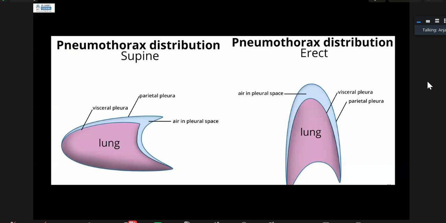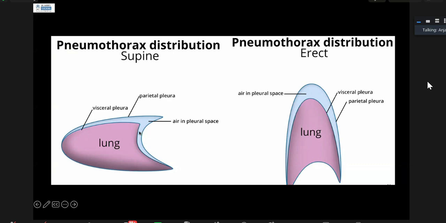So these are the signs that we see on a supine X-ray on pneumothorax. Let's clarify the concept, okay? So look here. This is the distribution of air in pleural space on the erect X-ray. So the air rises to the top. Maximum will be at the top, okay? When you lie down, what happens? The non-gravity dependent part in the lying down position is anteriorly, medially, and inferiorly.